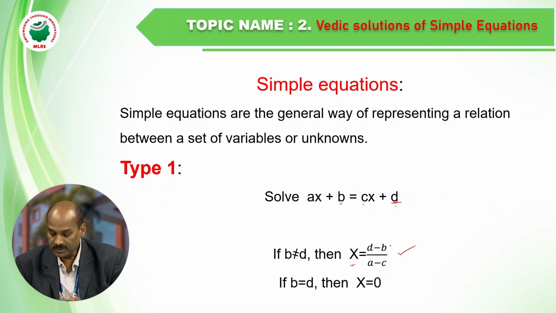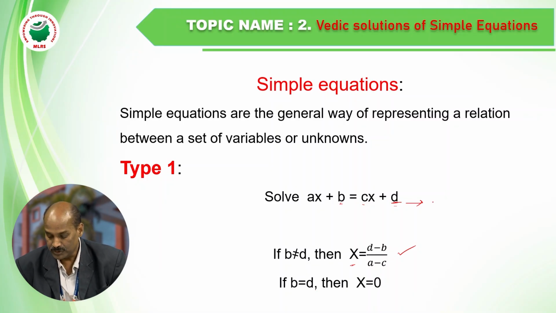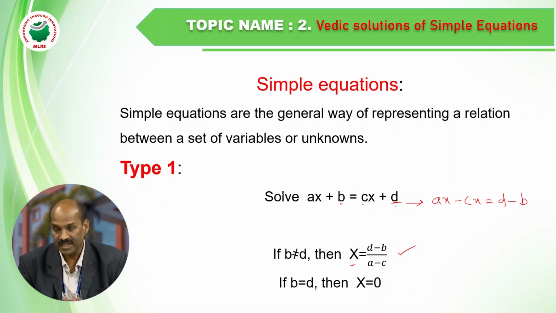But in the modern or traditional way, what do we do in this case? We send the x terms to one side and collect the constants on the other side. Then we get ax minus cx equal to d minus b: b moves to that side and becomes minus b, and cx moves to the left-hand side, so plus cx becomes minus cx.